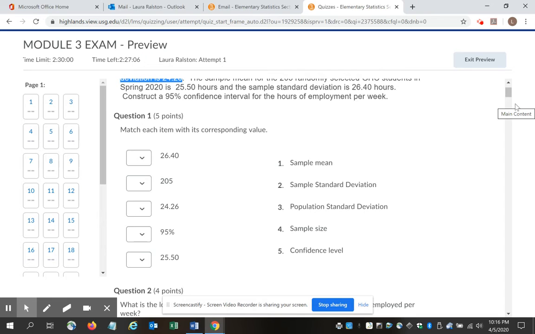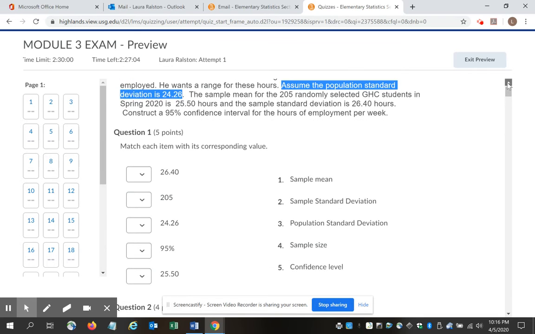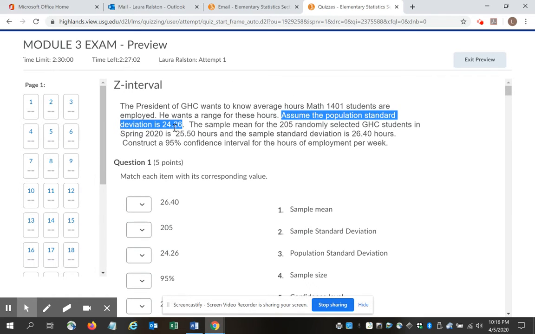Now, most of you got question 1 correct, where you had to match everything. Okay, so if you go back and look, the value 26.40 is the sample standard deviation. It clearly says the sample standard deviation is.